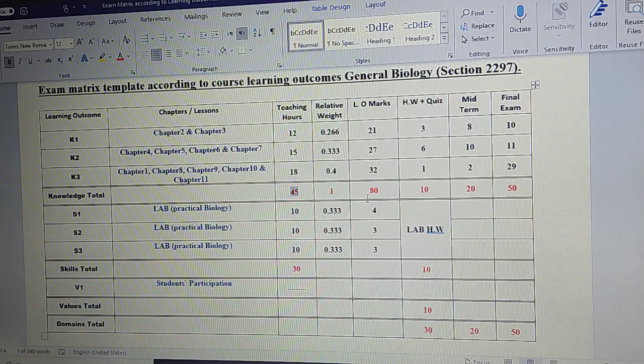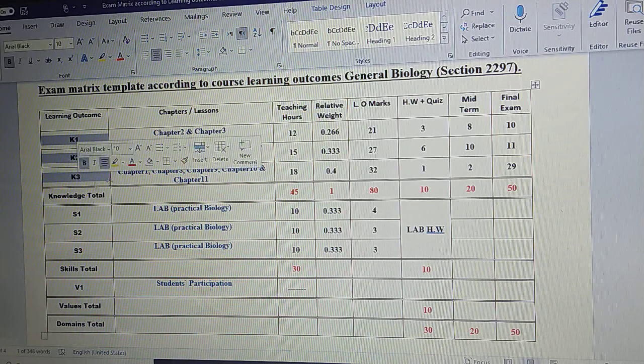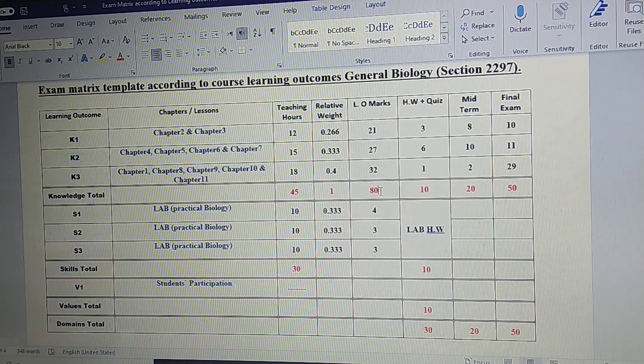Okay, so the biology course is out of 100 marks. But not all the course learning outcomes are represented in the 100 marks. I have the knowledge learning outcomes represented by 80 marks.